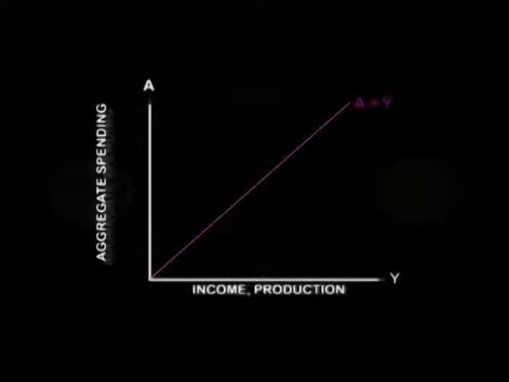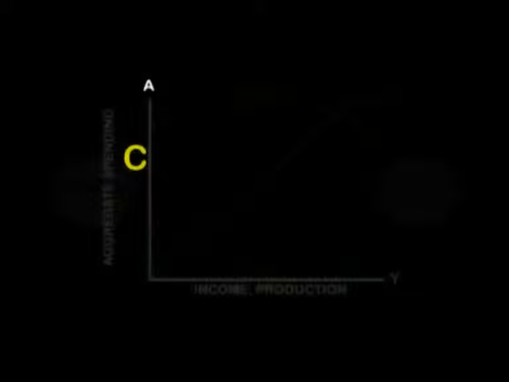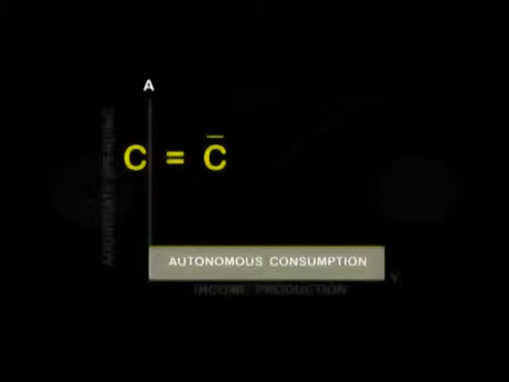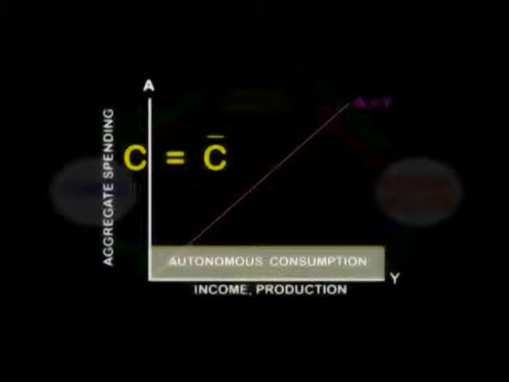The consumption function is made up of two components. There is a part of consumer consumption that will take place irrespective of the level of income of the household. This is referred to as autonomous consumption or dis-saving. When a household has no income, it must survive on its savings.